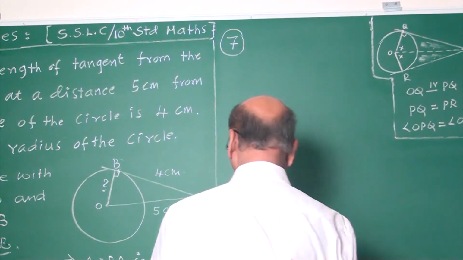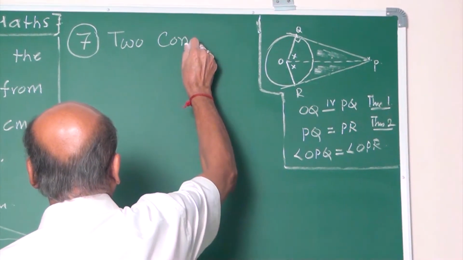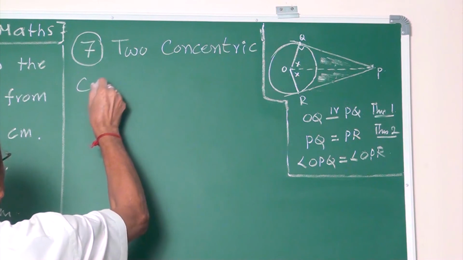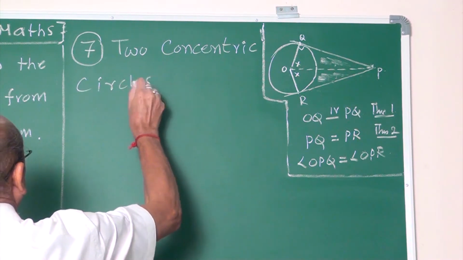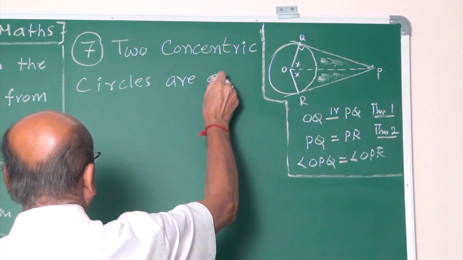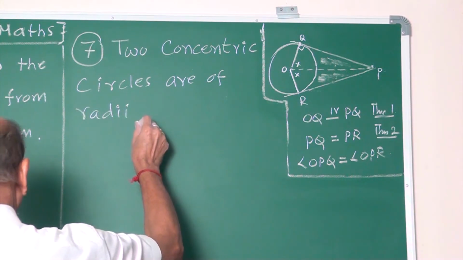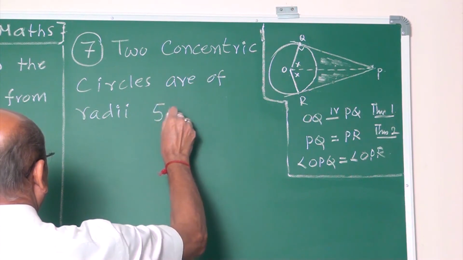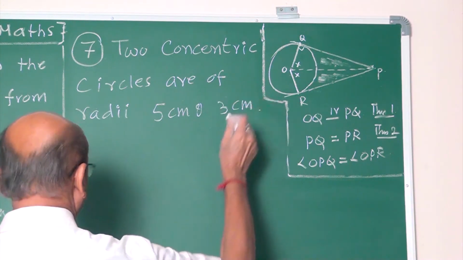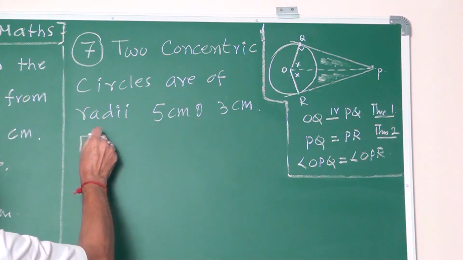Two concentric circles are of radii 5 centimeters and 3 centimeters.